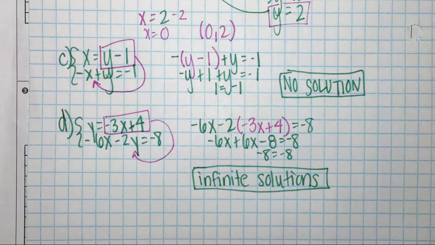Alright, so now I want to do one where there's not necessarily a variable by itself, and I want you to tell me what we need to do so that we can still use substitution and not have to graph.